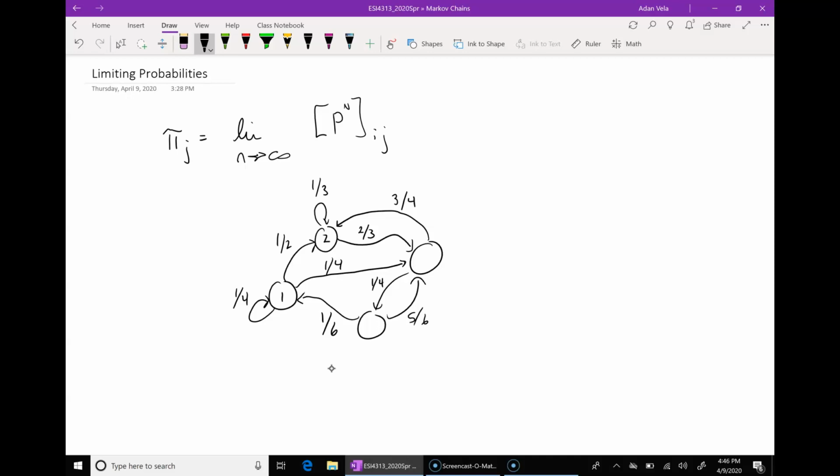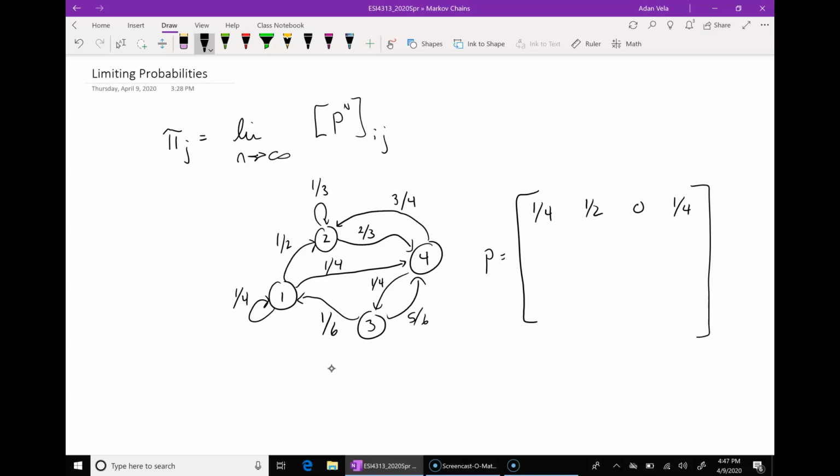Why don't we go ahead and number the states? And as always, we can make up our corresponding P transition matrix. Here we have 1/4, 1/2, 0, and 1/4.